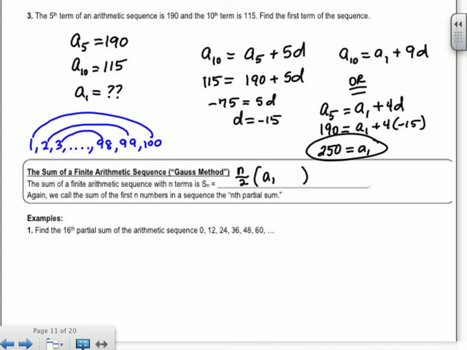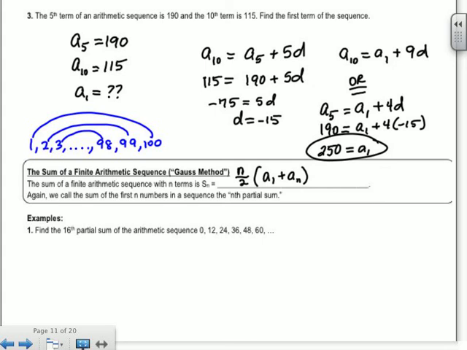So we're going to write a sub 1 plus a sub n. That's the Gauss method. So n over 2 times a1 plus a sub n. We call the sum of the first n terms the nth partial sum, because it could go on forever. I mean, you could have an infinite sum. But we talk about the nth partial sum, like the 6th partial sum would be 6 numbers.